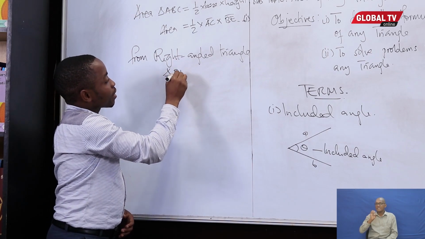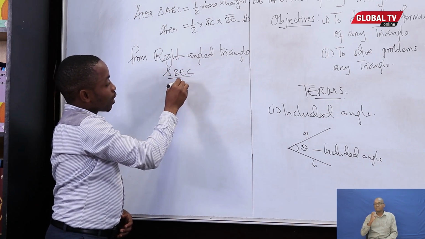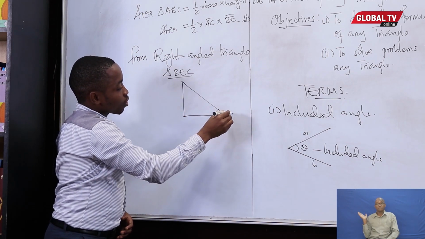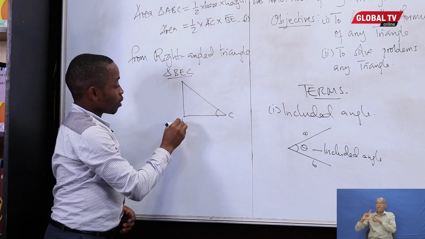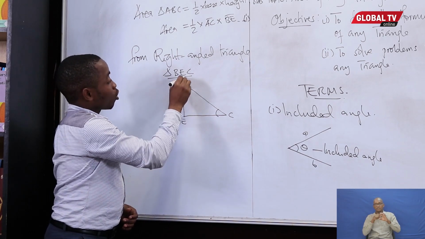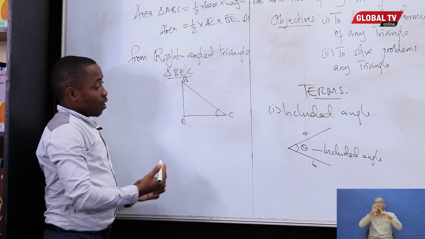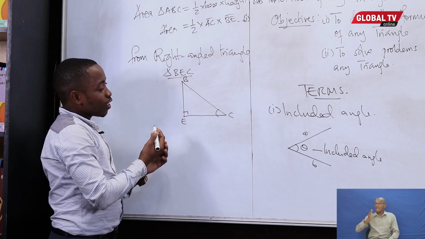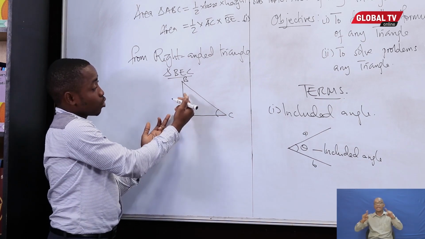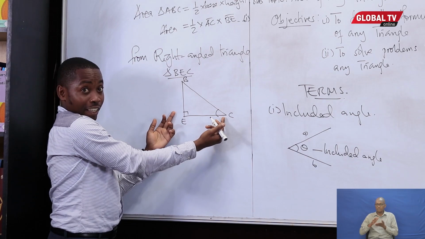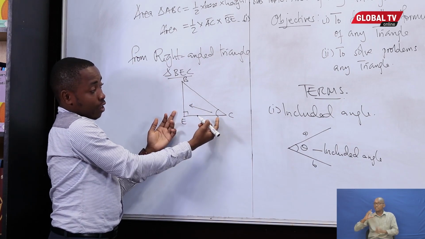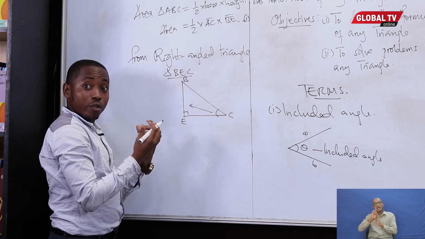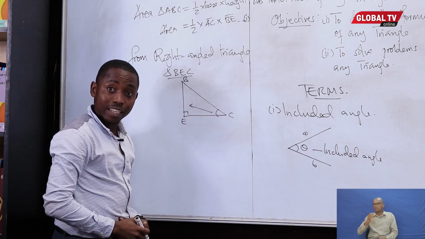Here you have your angle, which is angle C. This one is E, and the top here is B. For this right angled triangle, where here we have 90 degrees, in order to find the relationship between the angle C, the opposite side faced by this angle, and our hypotenuse BC, we are going to use the trigonometric ratio known as sine.